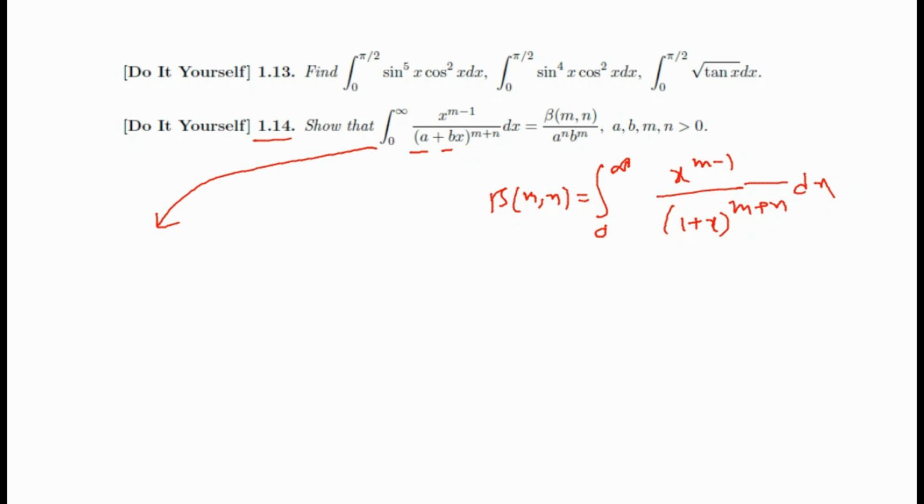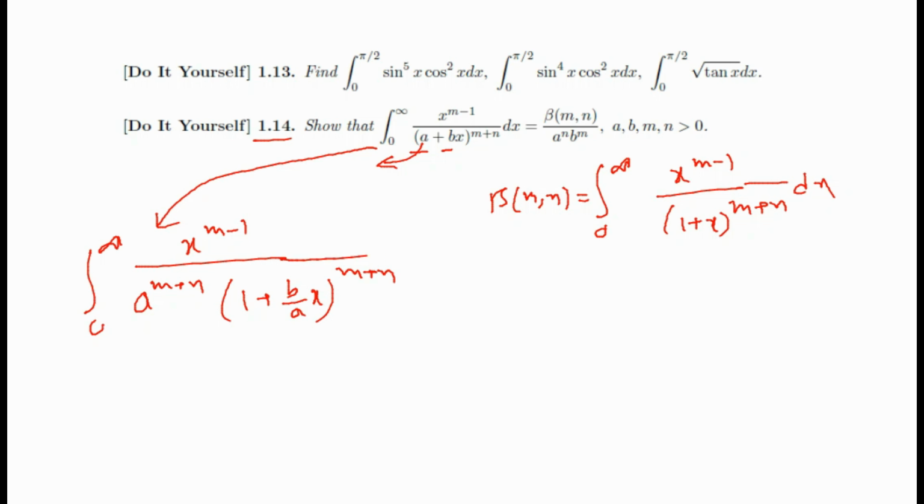Here let's see, so either transformation or you can just take the common, and if you take a common from here, then you will get x power m minus 1 and a power m plus n into 1 plus b by a into x power m plus n dx.